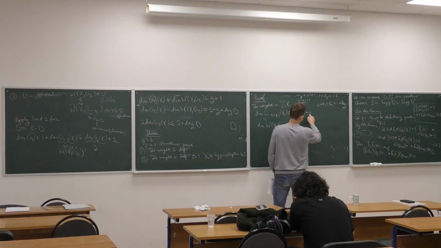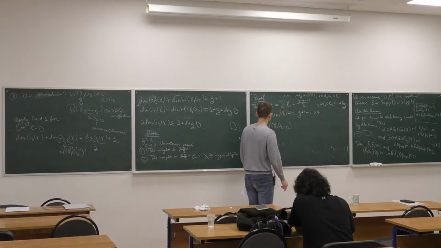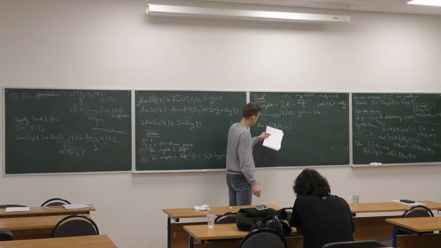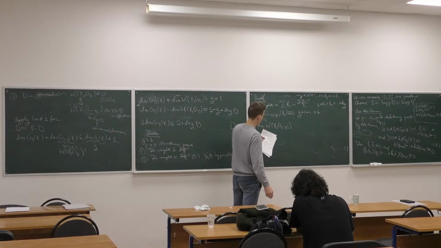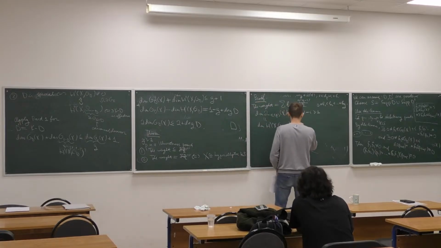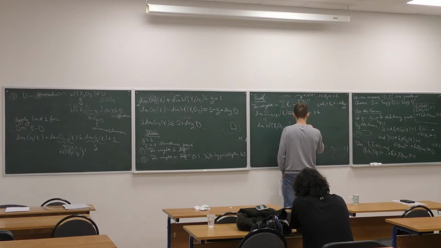In particular, i is between 1 and g, so this is equal to 1. So this divisor b_i P is special.